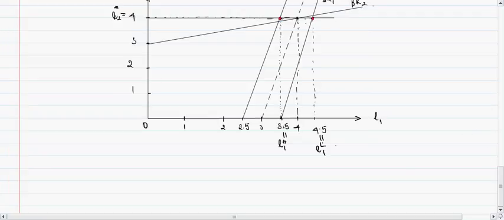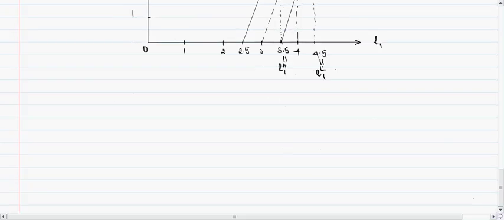Okay, so the question is asking what type of player 1 would like to send a signal to player 2 to signal his type, to signal his cost. Which one is going to have an incentive to do that?